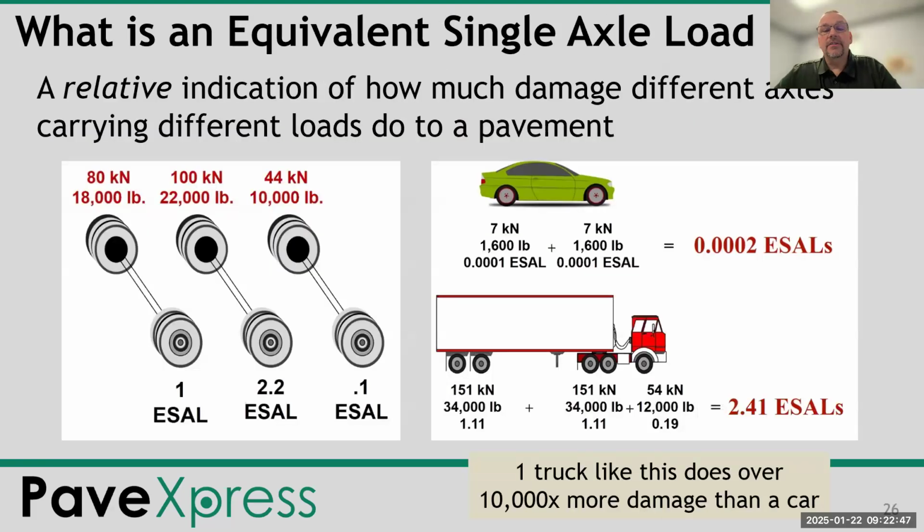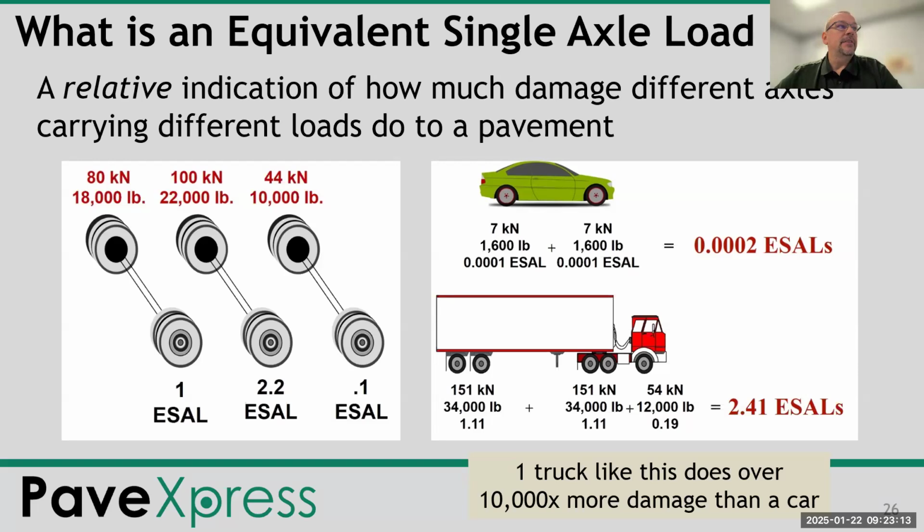From the design parameters, we move on to the traffic data. PaveXpress gives the user a lot of flexibility to calculate or directly input the total number of ESALs over the design period. So when we think about ESALs, what is an equivalent single axle load? It's really the relative indication of how much damage different axle types carrying different loads do to a pavement.